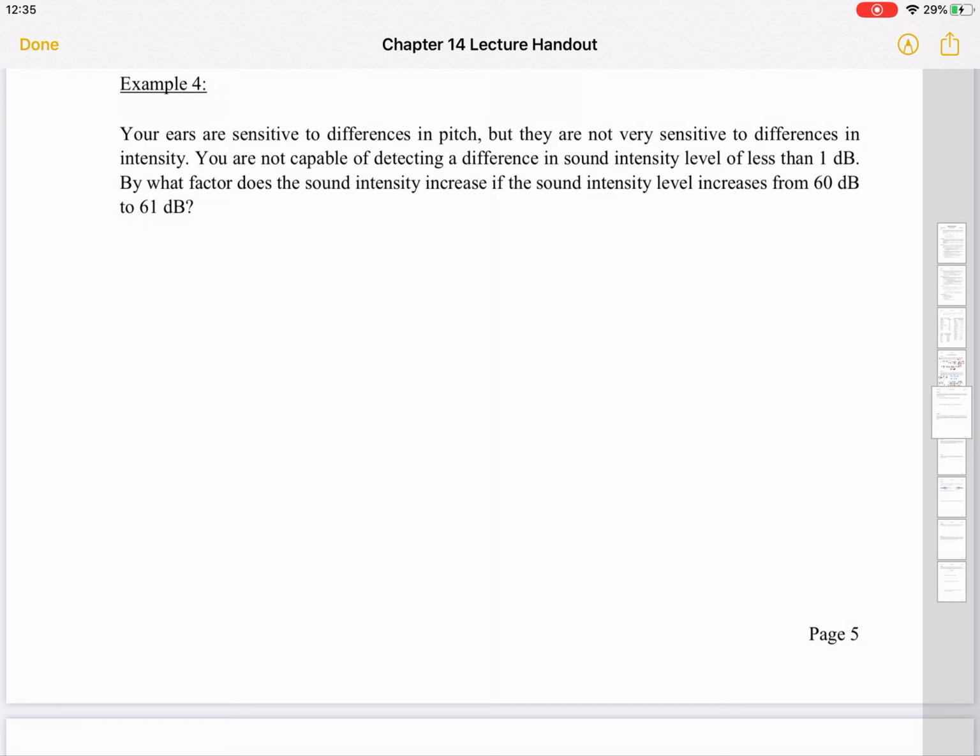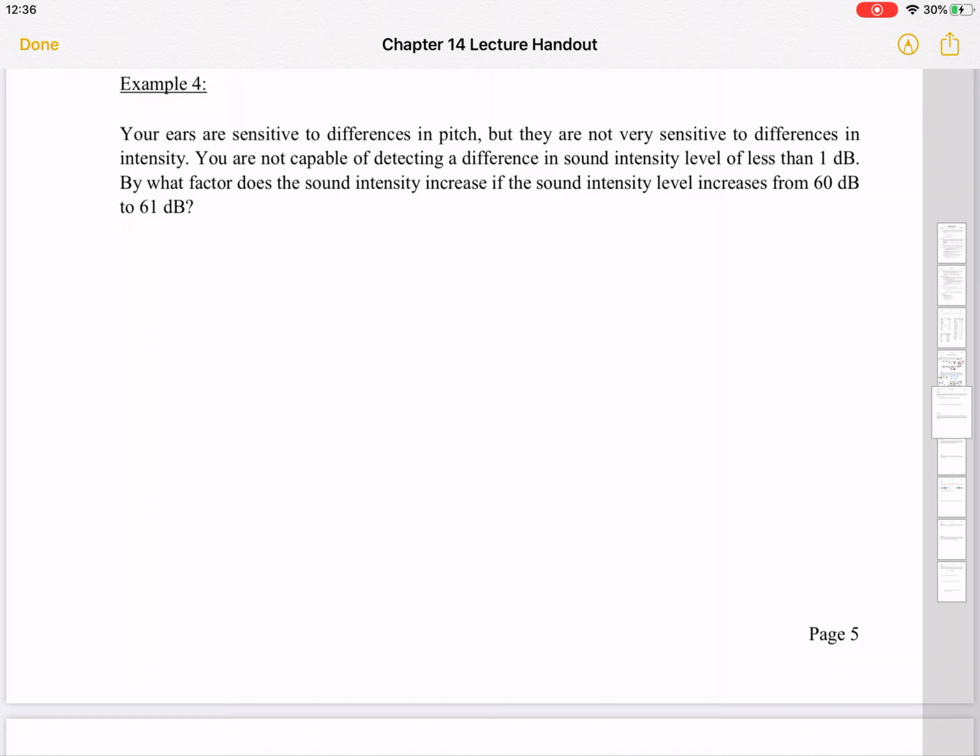If we can hear a very large range of intensities, maybe we lose some sensitivity in discriminating intensity changes, right? Again, we're very good with pitch, with frequency changes. So you're not capable of detecting a difference in sound level intensity of less than 1 decibel.